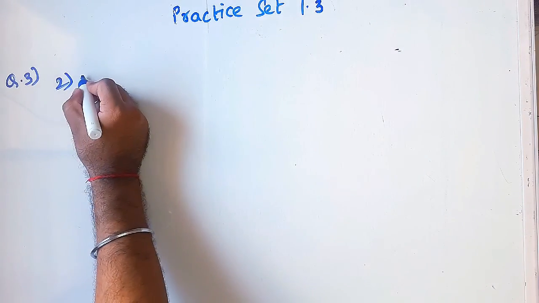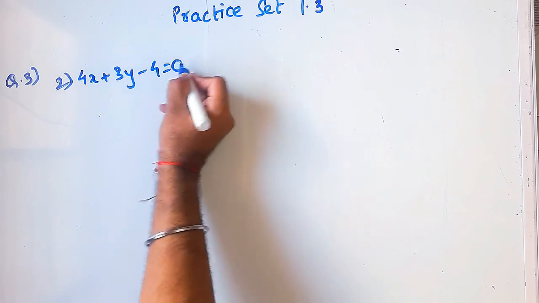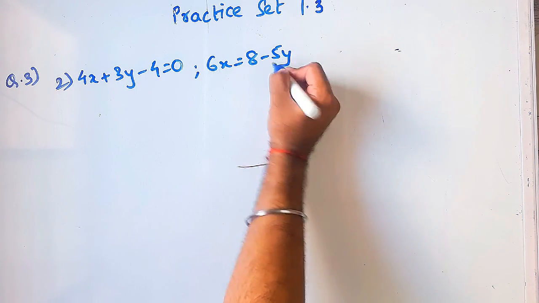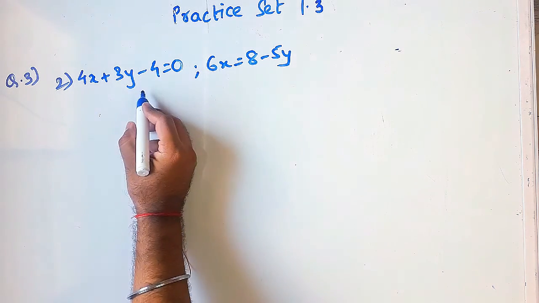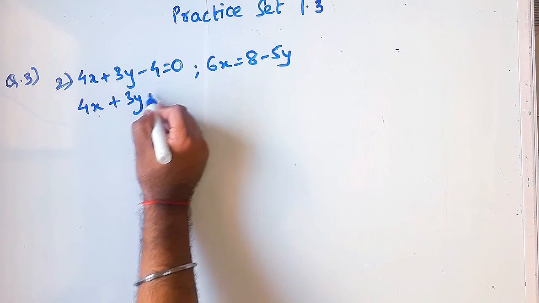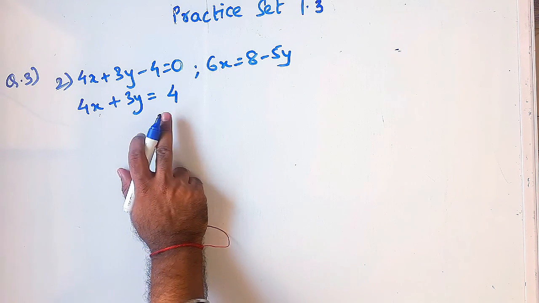Second one says 4x plus 3y minus 4 equals 0, 6x equals 8 minus 5y. Children, the very first thing in Cramer's rule is you have to arrange this equation in ax plus by equals c form. Minus 4 will go here, it will become 4.